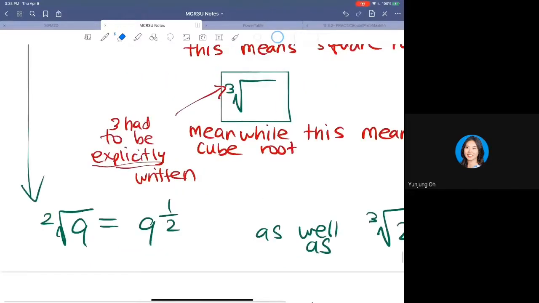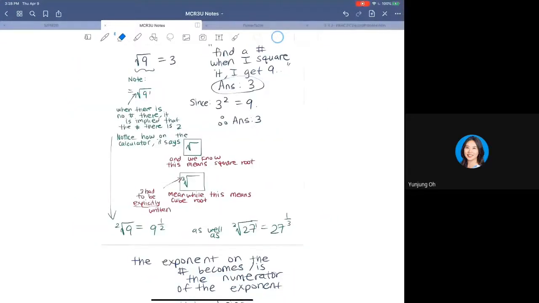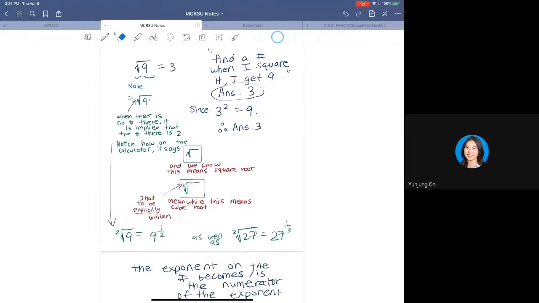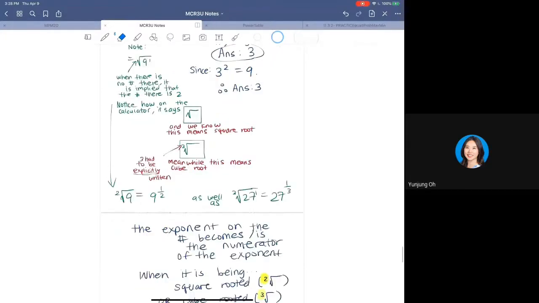Keeping that in mind, it might sometimes be helpful to write the radical part as an exponent in fraction form. That's just a side note so we understand what's going on, in case we get to more complicated situations.